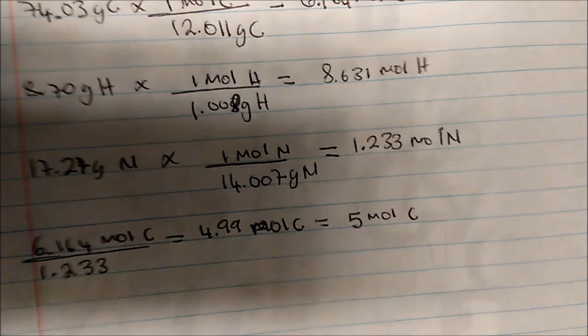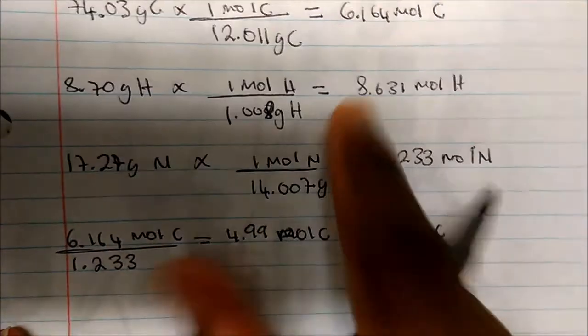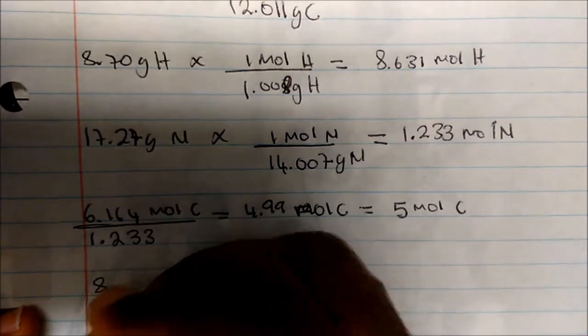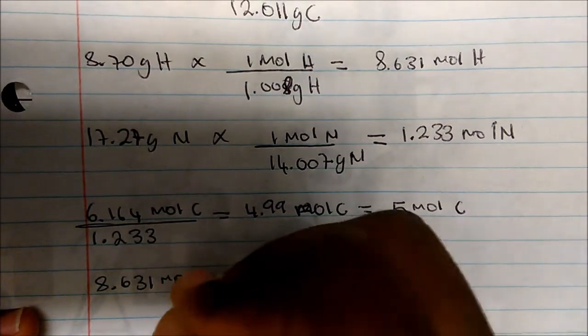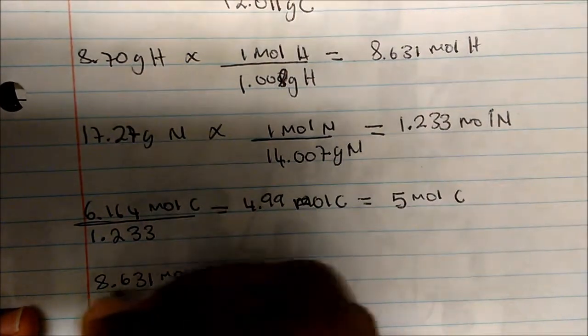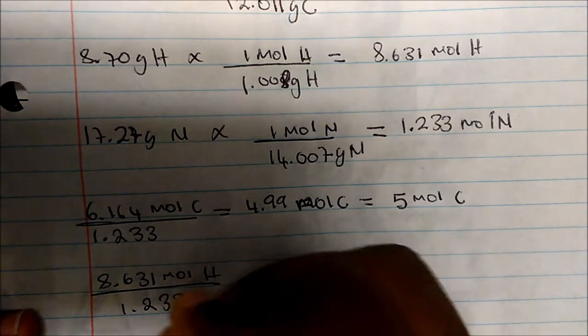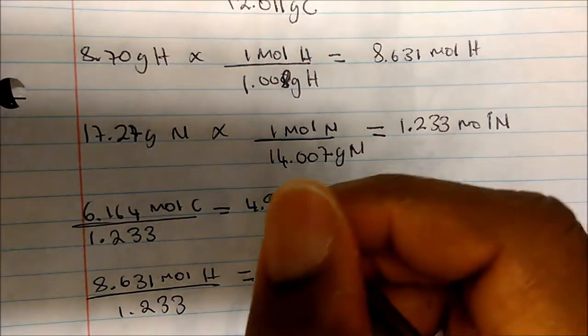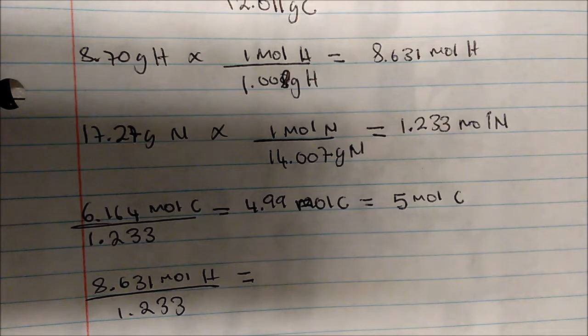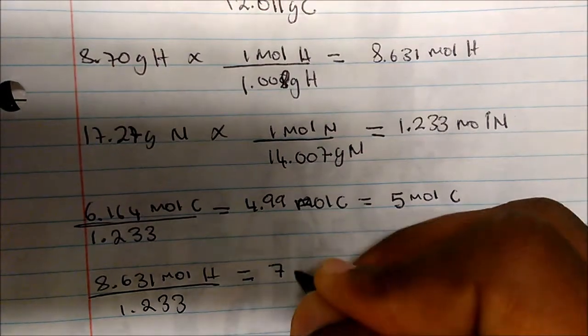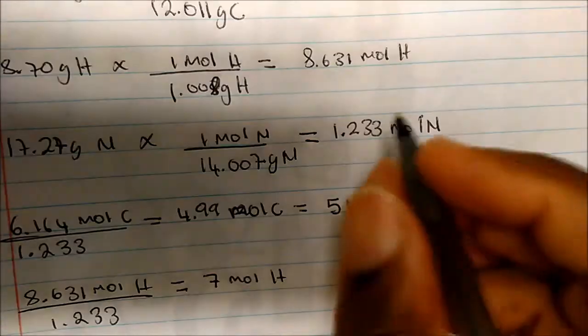Now I'm going to do the same thing for hydrogen. I'm going to take 8.631 moles of hydrogen and divide that by 1.233. When I do that, I get approximately 7 moles of hydrogen.